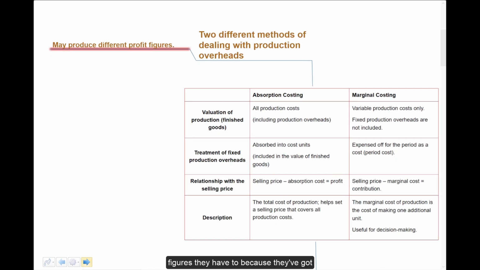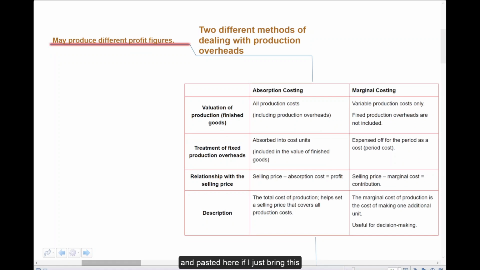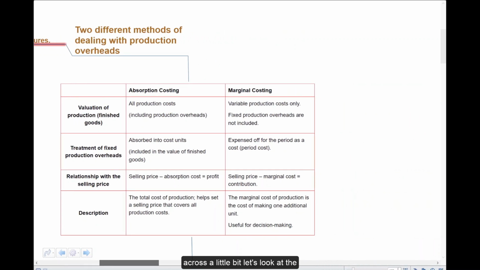They have to, because they've got different closing inventory figures. So looking at the diagram that I've cut and pasted here, let's look at the left-hand side first. And again, I'm repeating myself, but no harm in doing that.